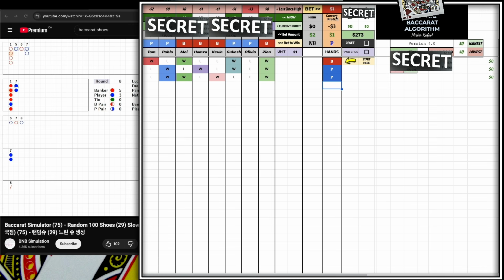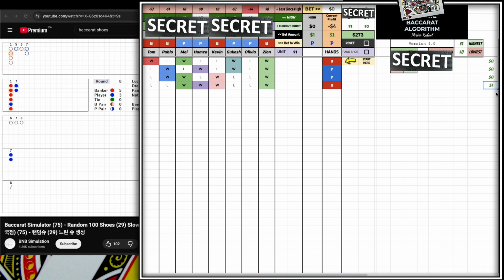Okay, now if the next bet is banker, which it is here, and a banker comes, this cell over here should give us a plus or minus depending on if we win the bet. So if it is banker, we should see a +1 over here since the bet is $1 on banker. So look. All right, there you go.